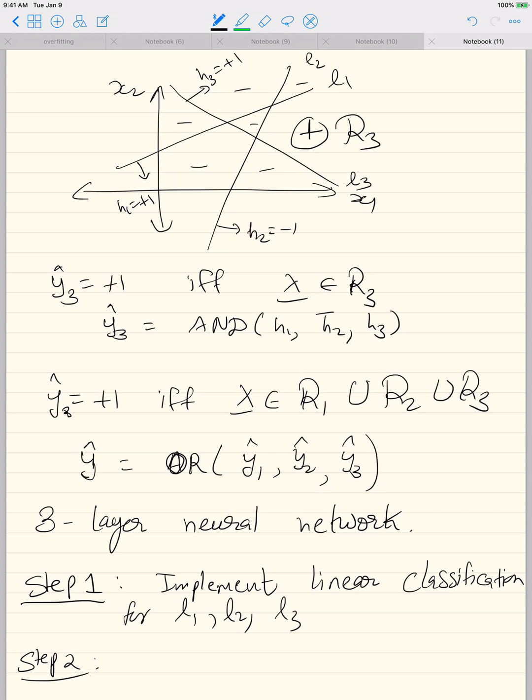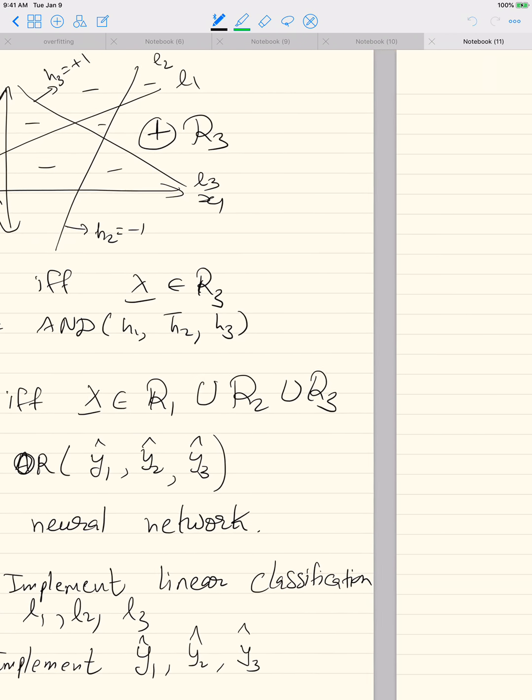Step 2 is to implement the y1 hat, y2 hat and y3 hat. They can be implemented using the AND function. And the final step is to implement y hat using the OR function.